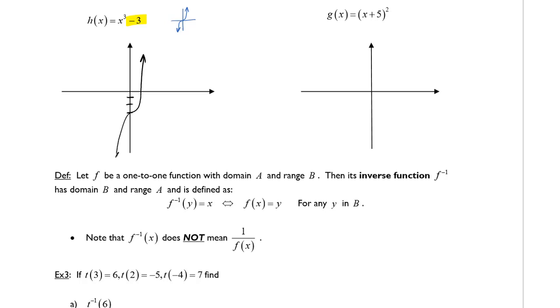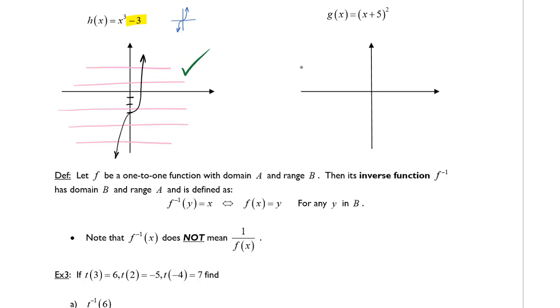If I check to see if this passes the horizontal line test, it absolutely does. In this example, there are no two domain values that map to the same range value. Therefore, this is a one-to-one function.